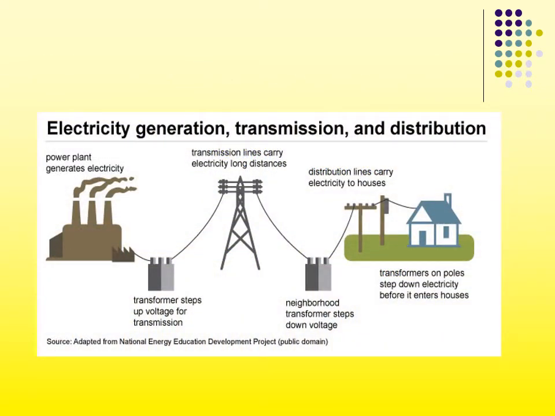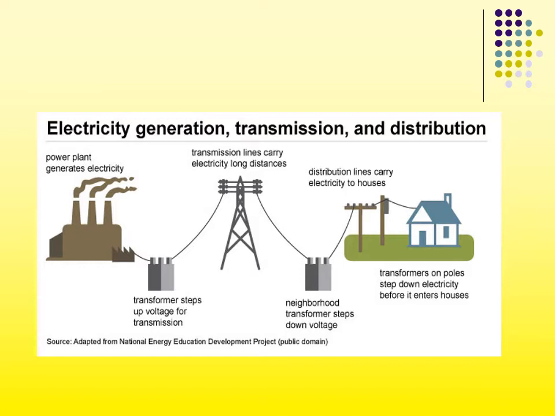So here is a slide which puts it all together quite simply. Electricity is actually generated in a power station or a power plant. For example, Hunterston is a power station, and that's where electricity is generated. It's then changed into a high voltage in order to be transmitted, or carried, if you like, for long distances.